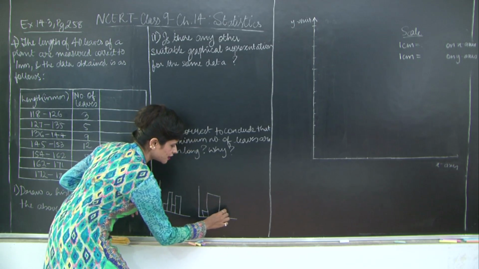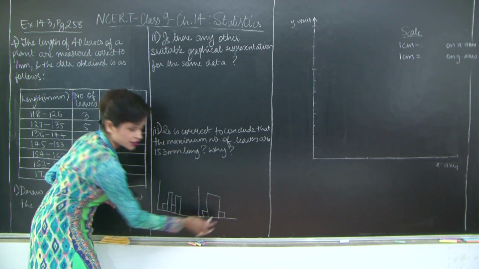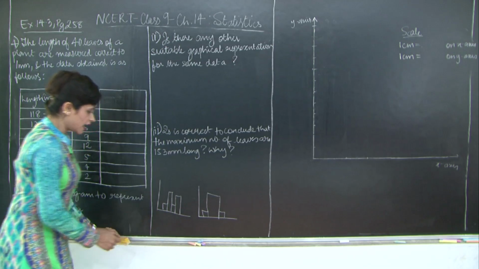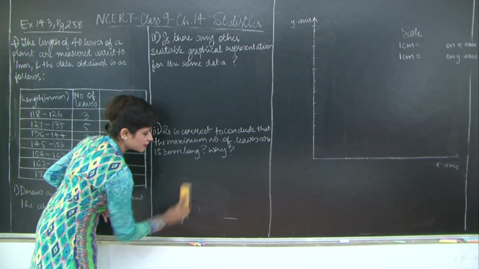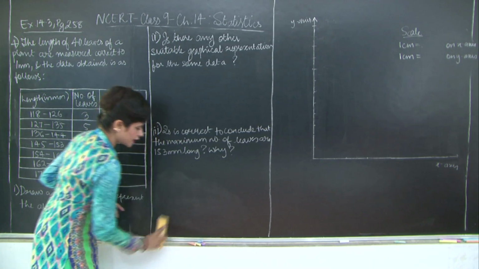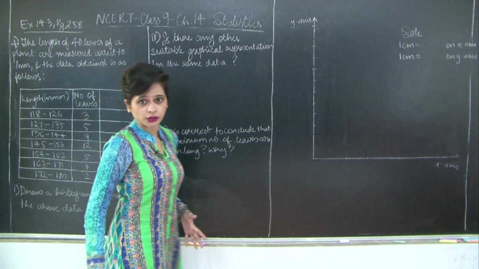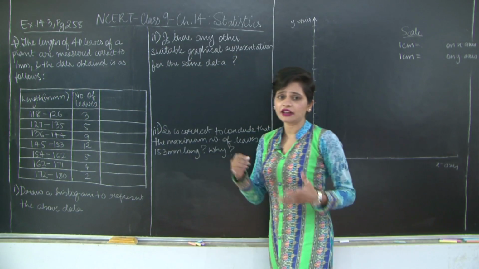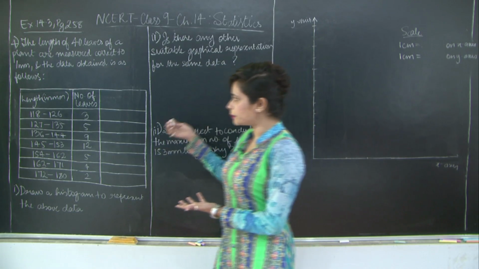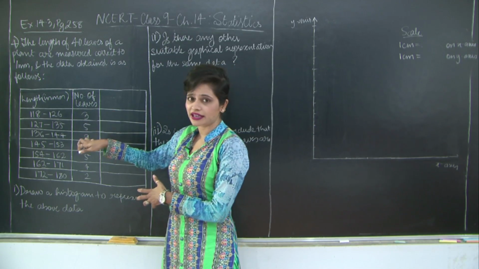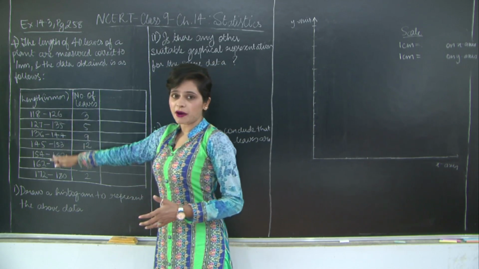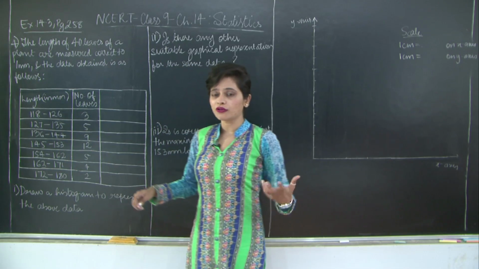You can see there is a lot of difference in the width out here. They both are histograms. Since the area of the bars is directly proportional to the frequency, we need to find out whether these bars are going to be of uniform width or varying width.